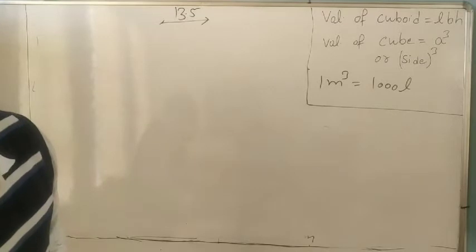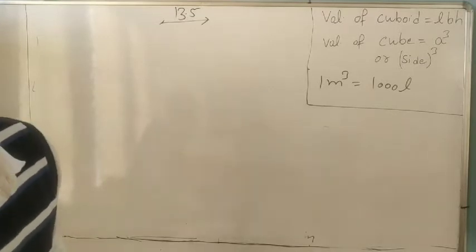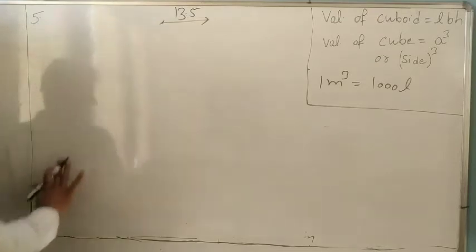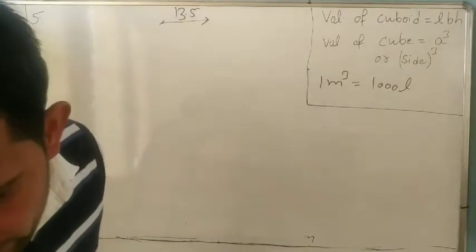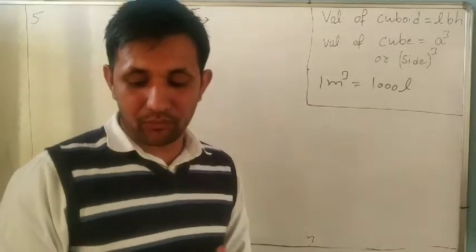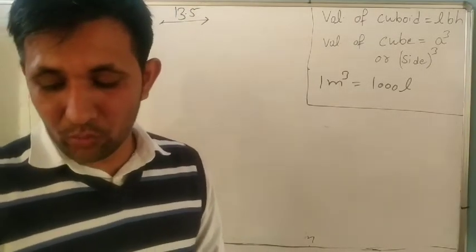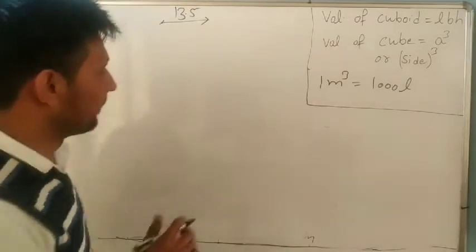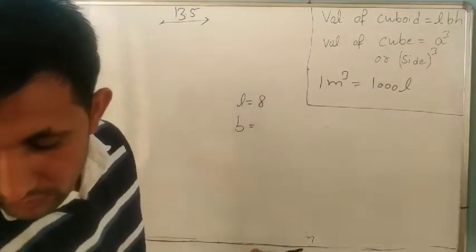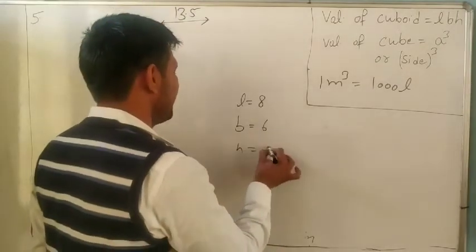Next, question number 3 you have to do yourself. Question number 4 also do yourself. Very easy question, because we have to find the cost of digging a cuboidal pit. Length is 8, breadth is 6, and height is 3.